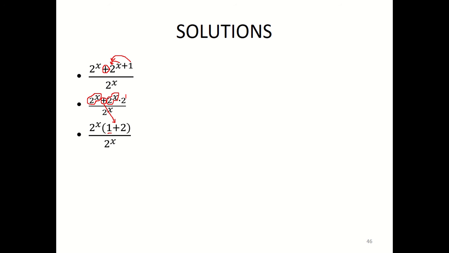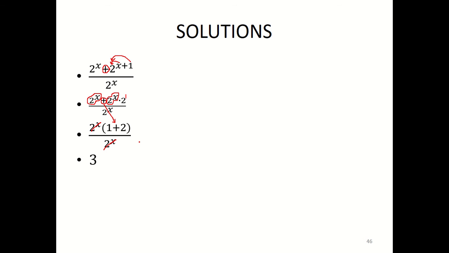In the second term, where there was 2 to the exponent of x, I'm left with 1, even though I don't write it, but it's multiplied with that 2 to the exponent of 1. 1 times 2 to the exponent of 1 will simply give me just 2. So basically it's just 1 plus 2, which is 3. 2 exponent x and 2 exponent x, you cross them out, you will be left with 3 in the numerator divided by 1, which is just 3.